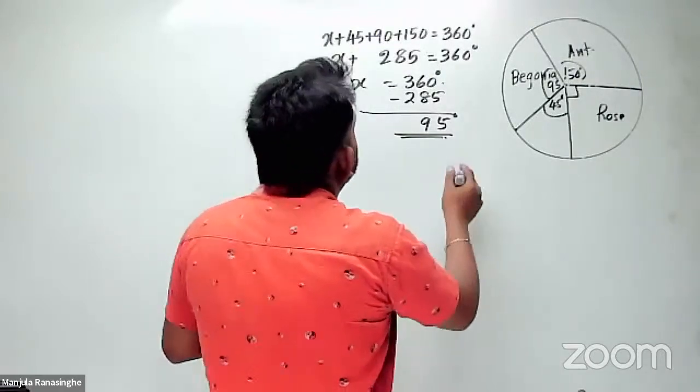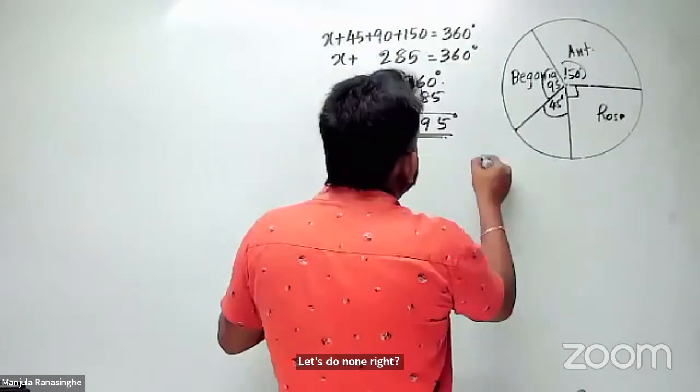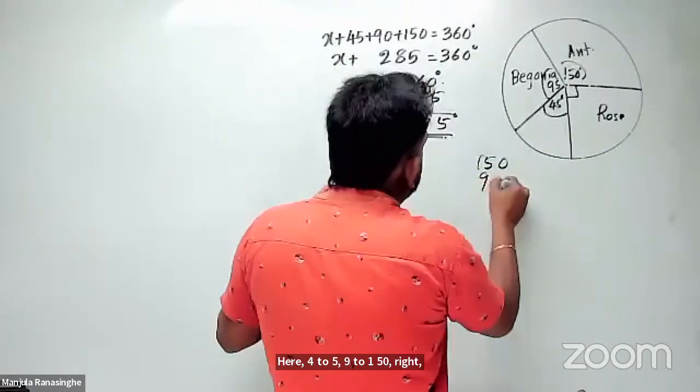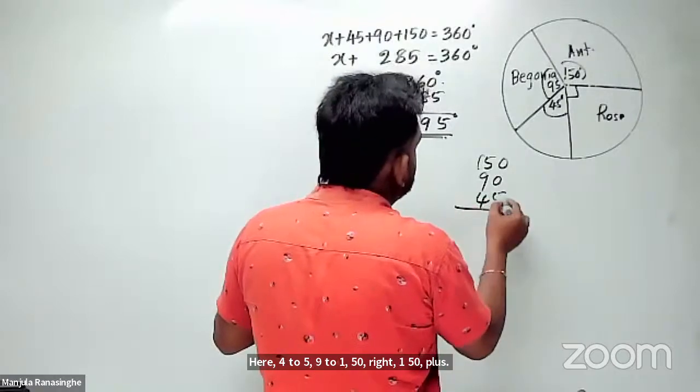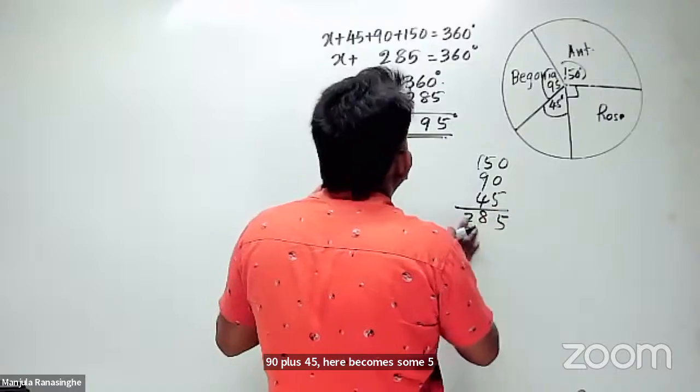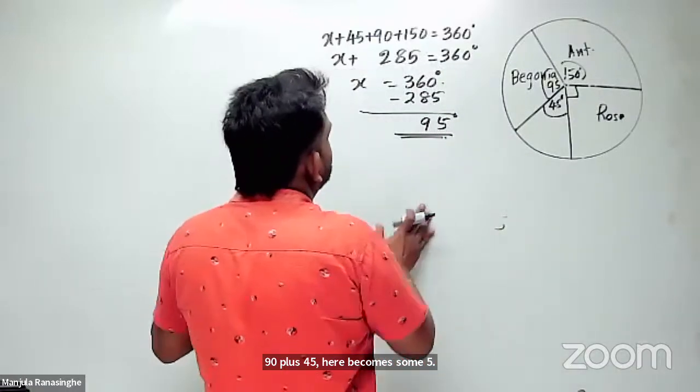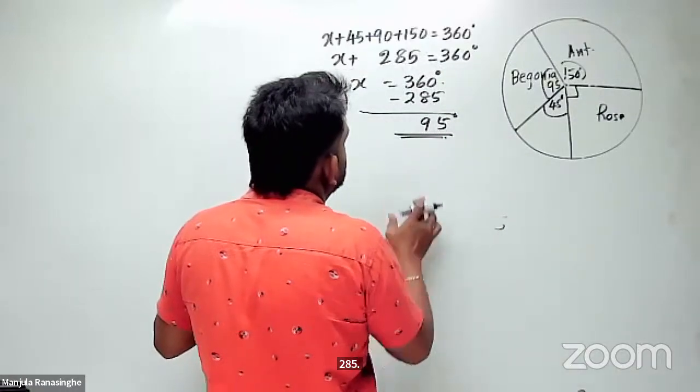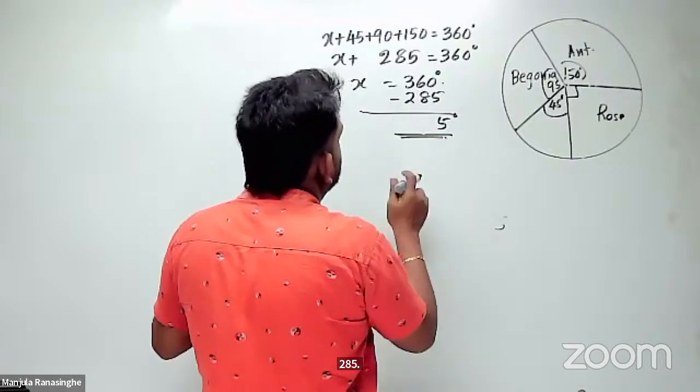Here 45, 90, 150: 150 plus 90 plus 45 becomes 285. Yes.